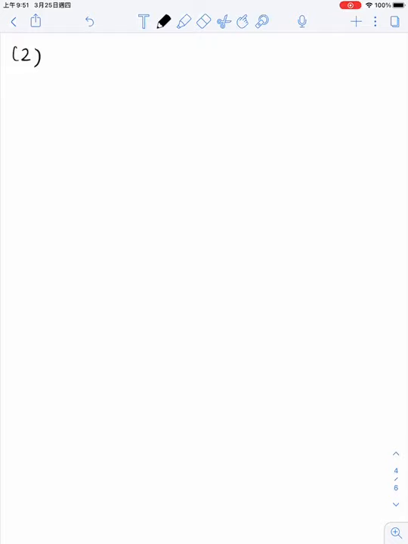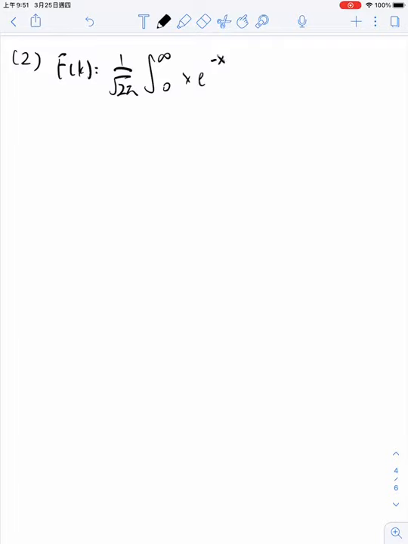So the second method is kind of like what we taught in the Laplace transform. Again, we start from the definition of the Fourier transform, and I just use part of the result in method 1.